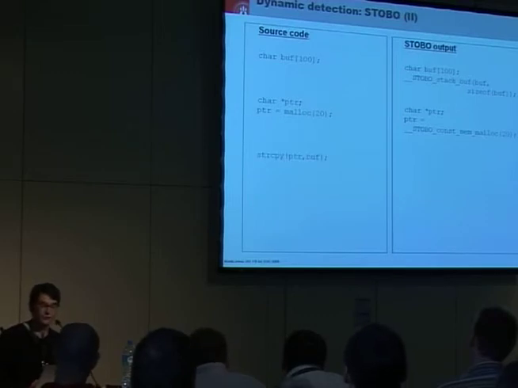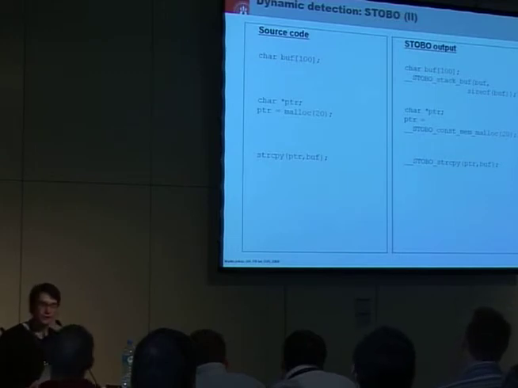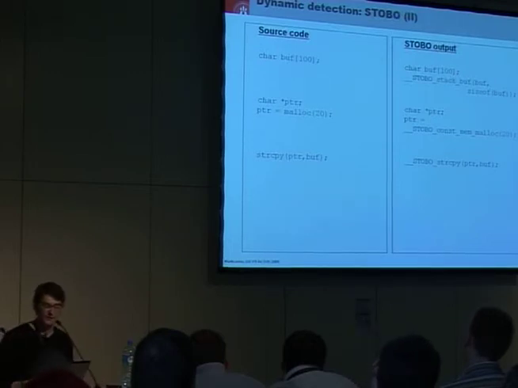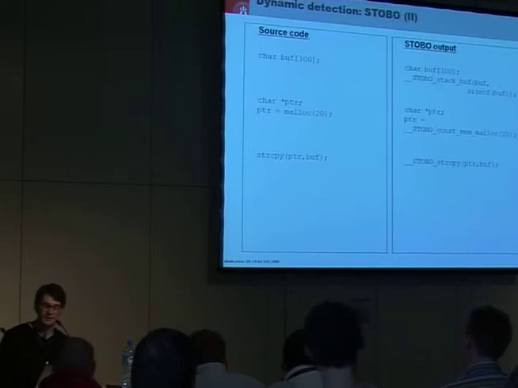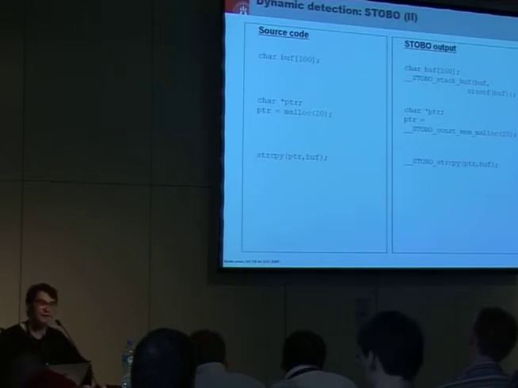So if we do a string copy from buffer to pointer, Stobo translates this to its own function, Stobo string copy. And before Stobo executes the string copy, it looks at the size of buffer. Stobo knows the buffer has the size 100, and it looks at the size of pointer and sees, oh, we only have allocated 20 bytes for pointer.